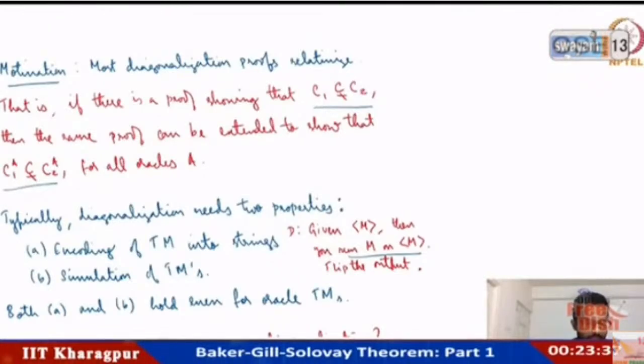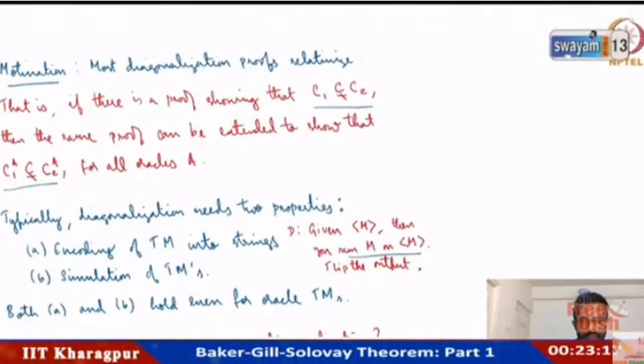Consequently, for any proof that uses diagonalization, you could just mildly tweak the Turing machines involved in those proofs and get a proof for the relativized version of the classes as well.